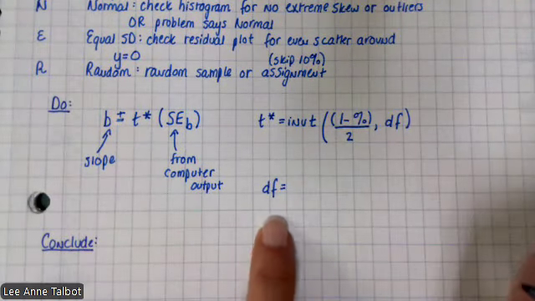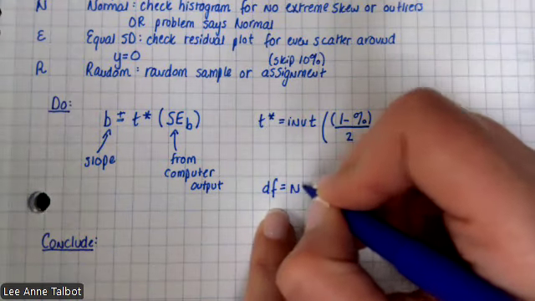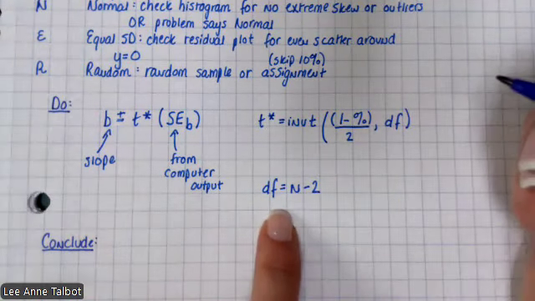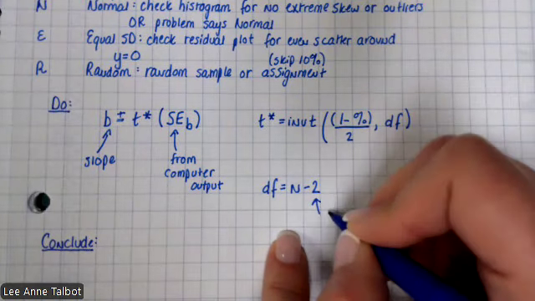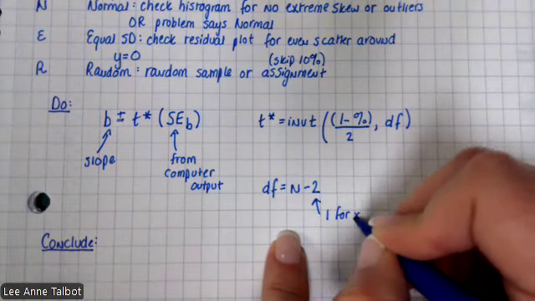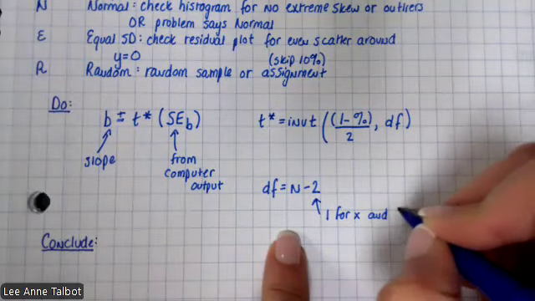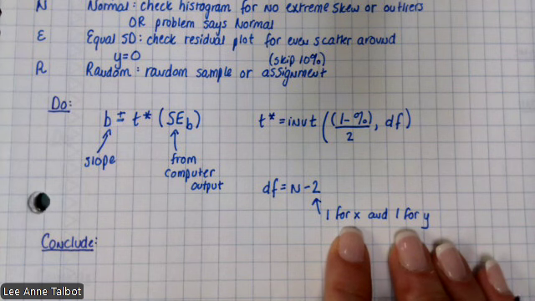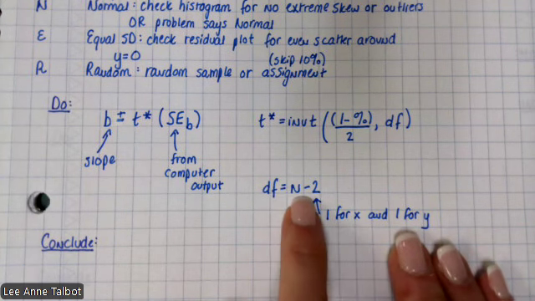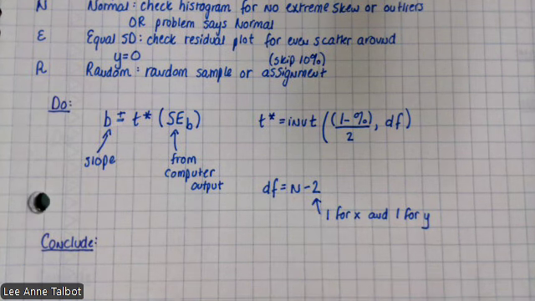Degrees of freedom is n minus 2. Why is it minus 2? It's 1 for the x coordinate and 1 for the y coordinate because these are two variable things. So you have to take off. You can't control the last x and you can't control the last y.